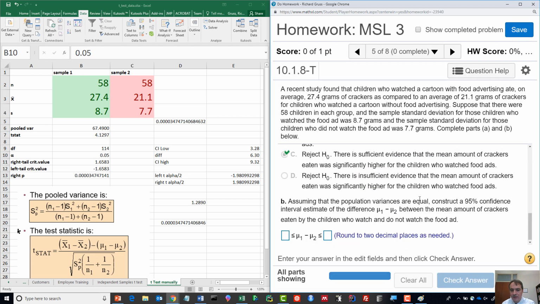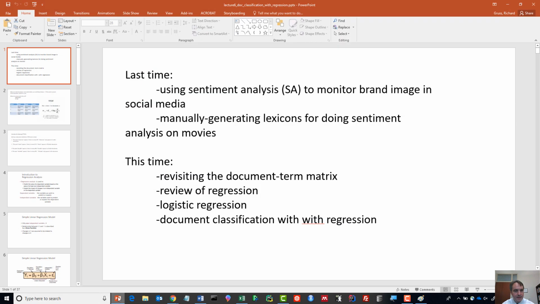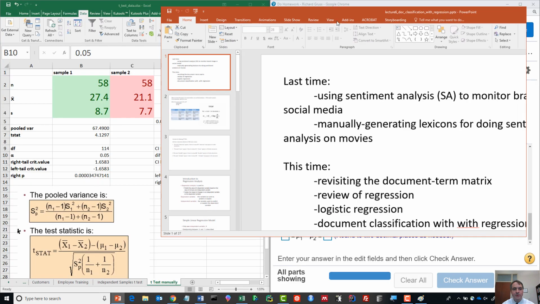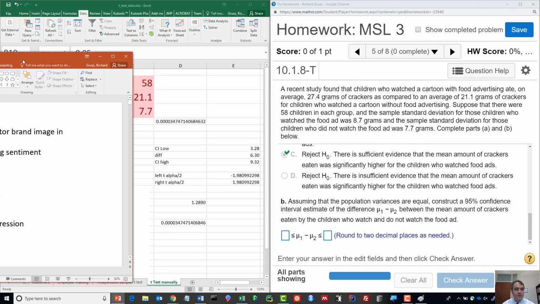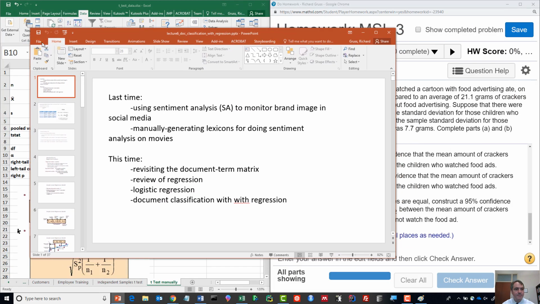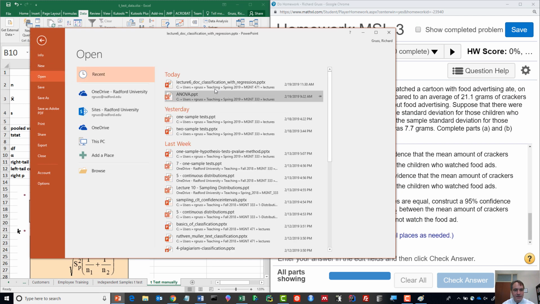Okay. All right. Now this problem here is asking you to find a confidence interval, and this was something that is in your book, and I'll just show you very quickly what the formula is. To find it, let me get it real quick.